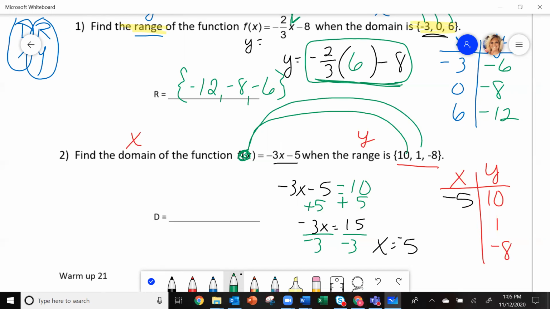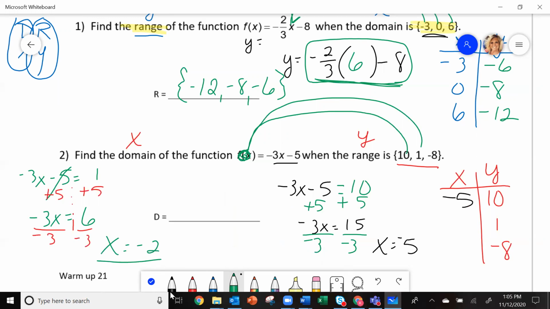You're going to set it equal to 1. So I'm going to have -3x minus 5 equals 1. And then when we go to solve it, add 5 to each side. -3x equals 6. When I divide by -3, x equals -2.